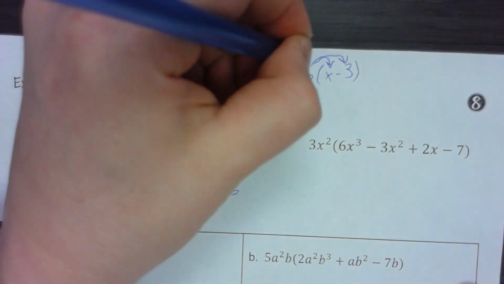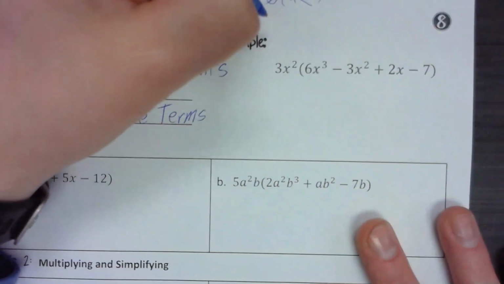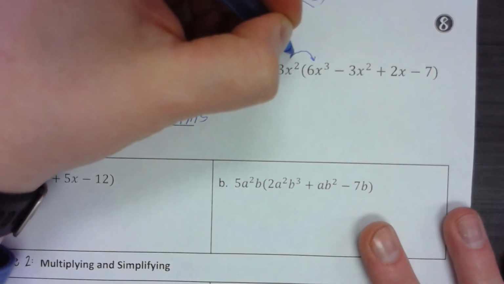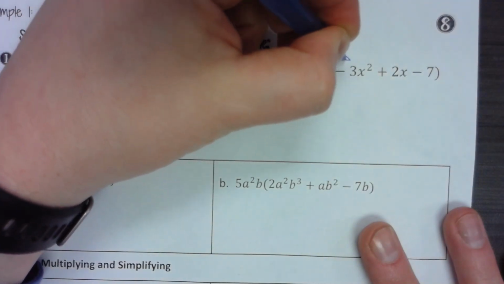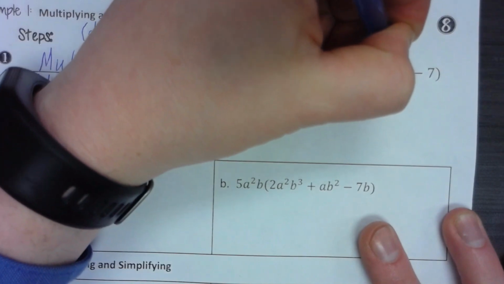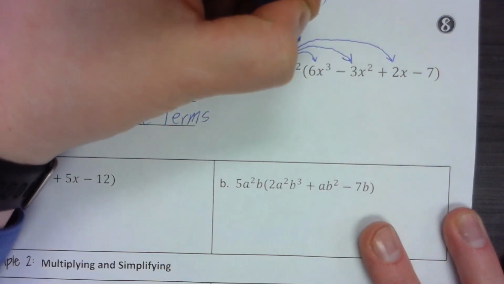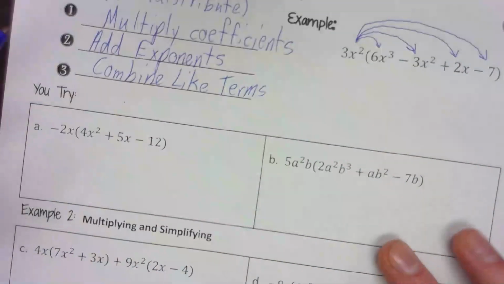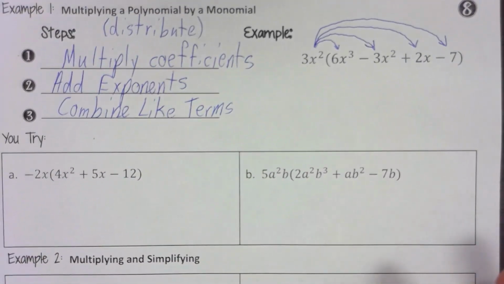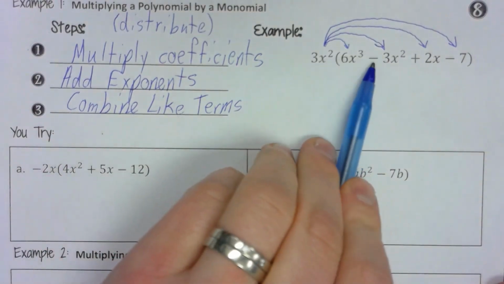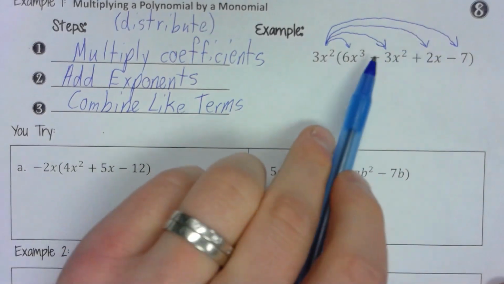In the same way, we're going to say that I need to do this times this, this times this, this times this, and this leading idea times this idea. We need to multiply it times every term. And that is why we stopped at the beginning, to make sure we could tell terms apart, okay? We know that each term is separated by an addition or subtraction sign.